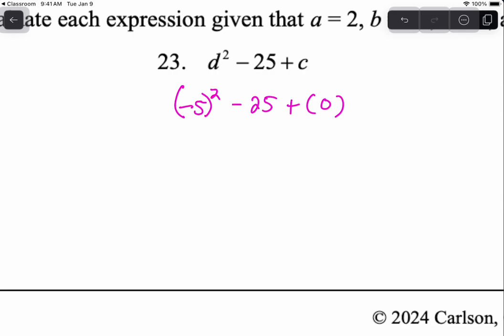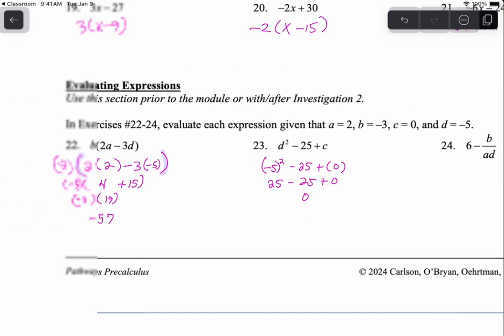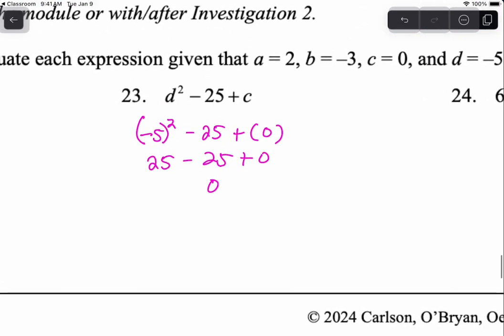So -5 times -5 becomes a +25. And then I just get to add and subtract from left to right. There was nothing in front of this 0 that did anything, so we get a value of 0. Okay, so are we good with problem 23? Okay, let's do one more.